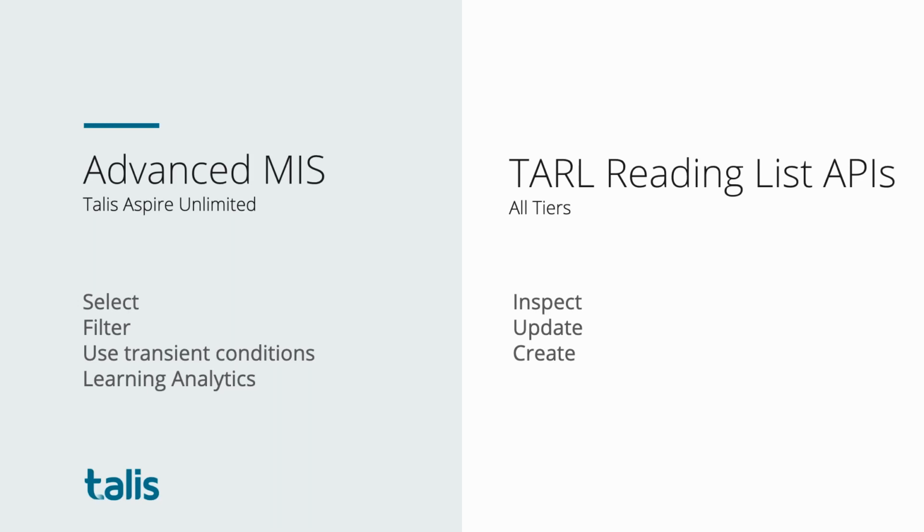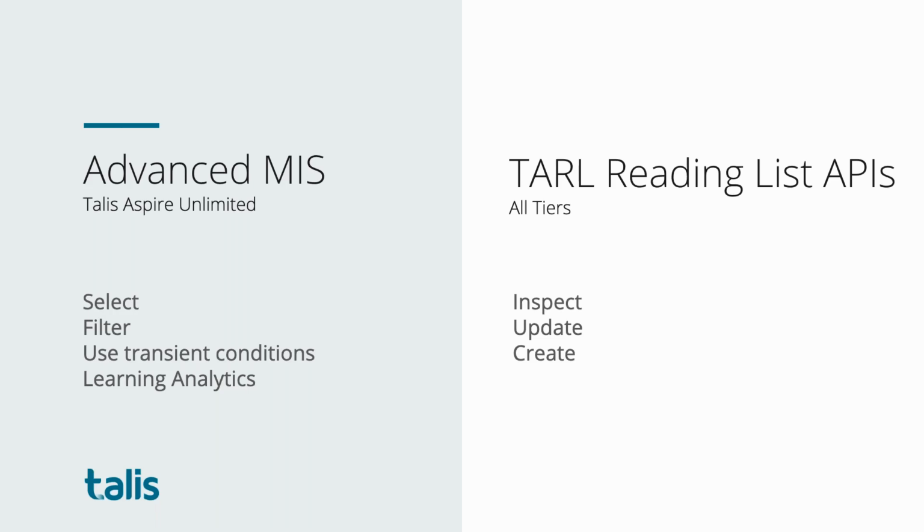I see that this sits alongside the APIs that we've got within the reading list system, because the Advanced MIS database, which we've been working on setting up and which some of you might have seen at Talis Insight, is all about being able to select and filter data, maybe even using transient conditions, looking for perhaps lists which have been involved in some sort of event over the last n number of days.